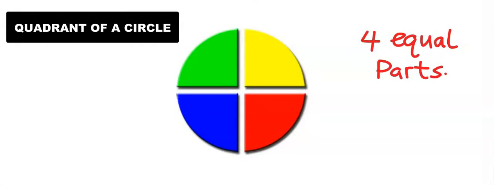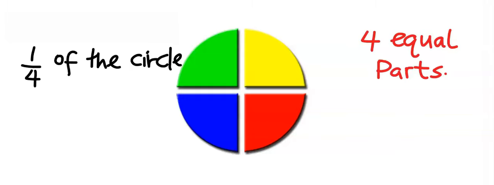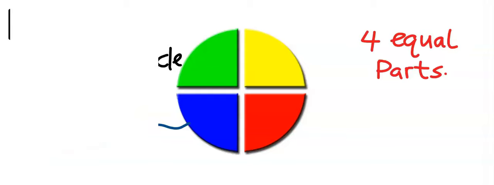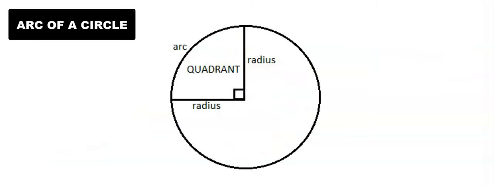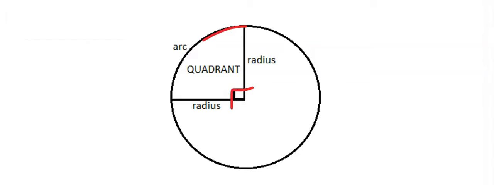If you split a circle into 4 equal parts, a quarter of this circle is simply known as a quadrant. Each quadrant must be 90 degrees, and the length of the quadrant is known as the arc.